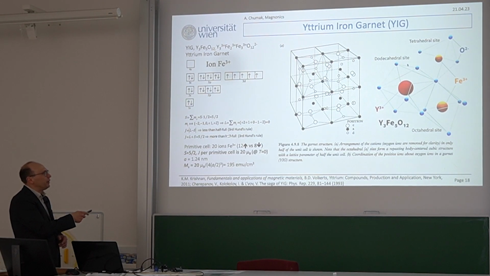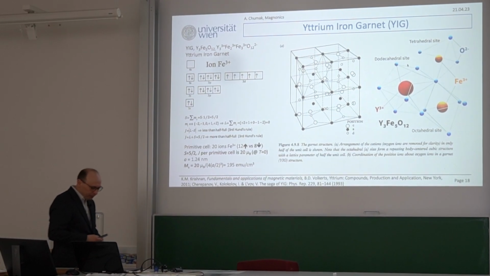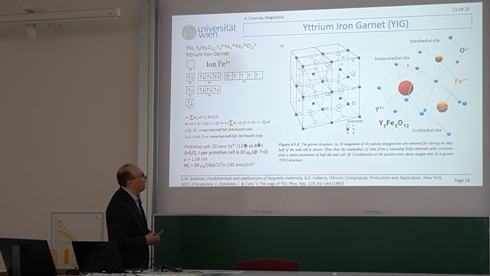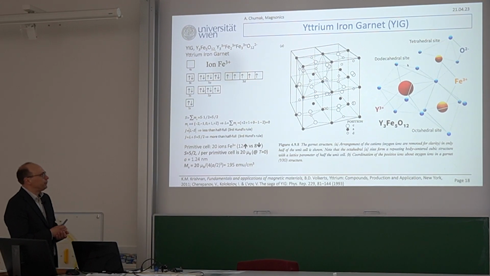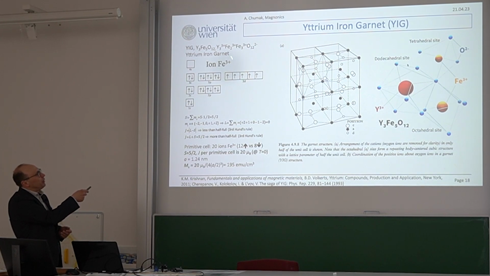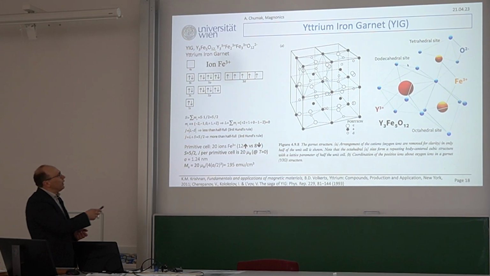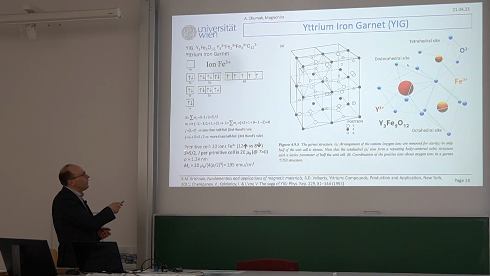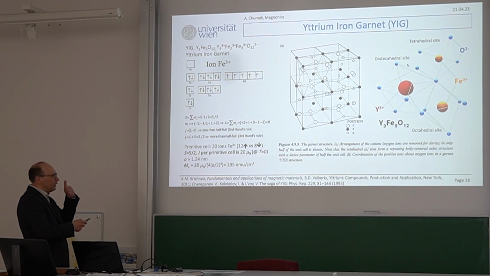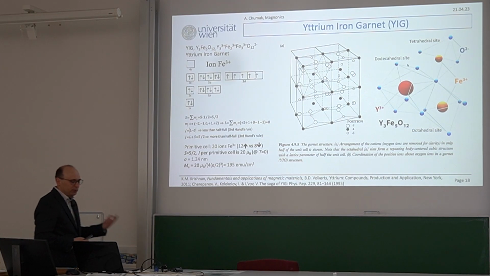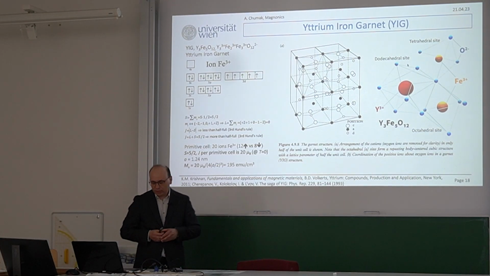So it means for one primitive cell, we will have only 4 magnetic moments from each iron 3 plus ion. And each of these ions has spin 5/2, but each 1/2 gives us 1 Bohr magneton. So spin 1/2 gives us 1 Bohr magneton.